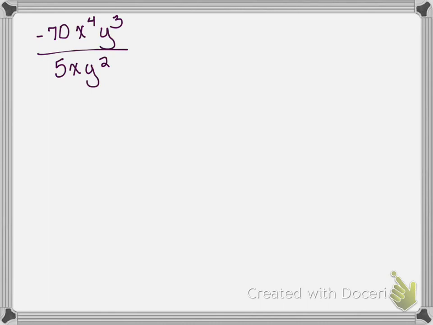What we're going to do first is some division right here. Now, many of you may be able to look at that and identify that negative 70 divided by 5 is negative 14, but some of us aren't. So we can put the 70 inside the parentheses and put a 5 on the outside. 5 goes into 7 one time. 1 times 5 is 5.